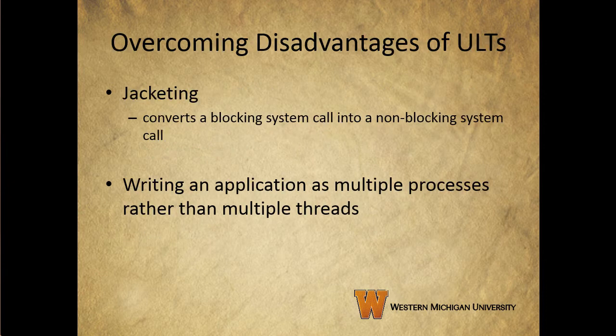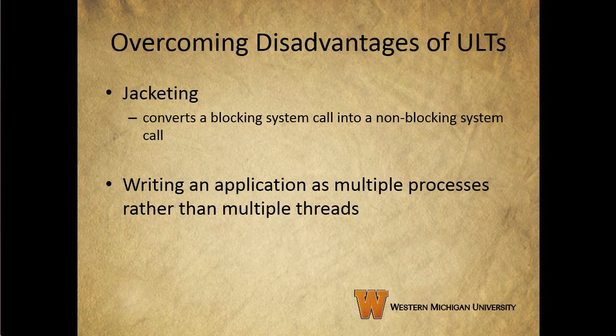Now, there are a couple ways to overcome the disadvantages of user-level threads. One of those is called jacketing. What this does is convert a blocking system call into a non-blocking system call. So rather than a thread calling a system I/O routine directly, it can call an application-level input-output jacket routine.